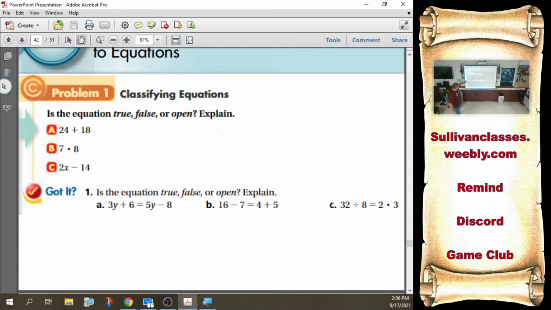They are asking, is the equation true, false, or open? What? There's no equal sign. Huh. Maybe that's because there was a big honkin' stuff over here and I got rid of it because I put a big blank white box on there.